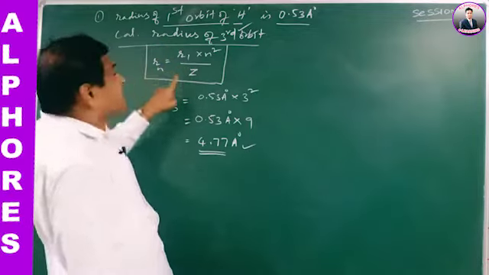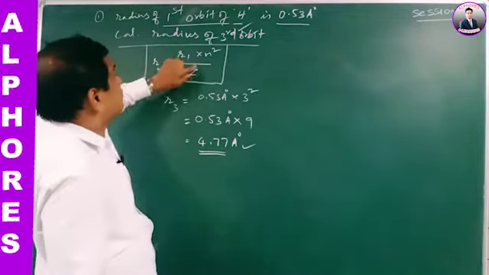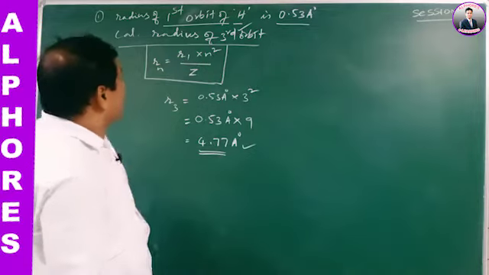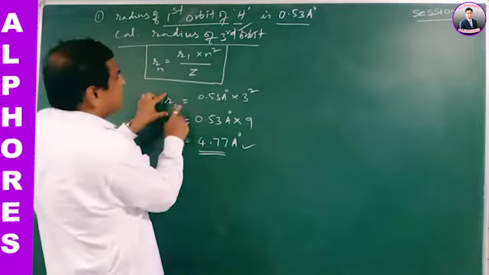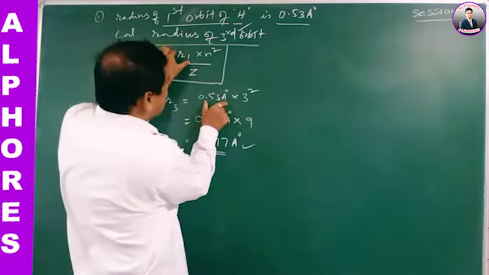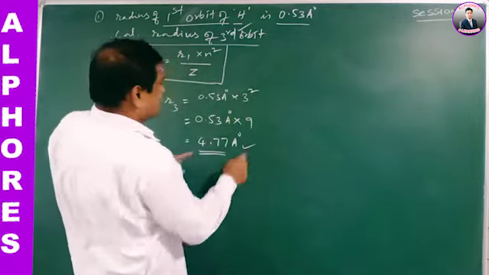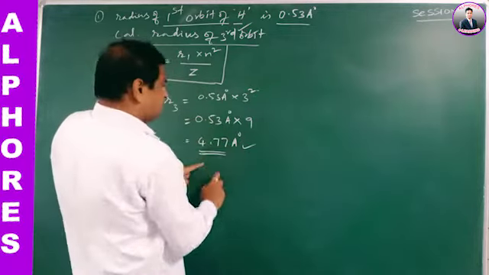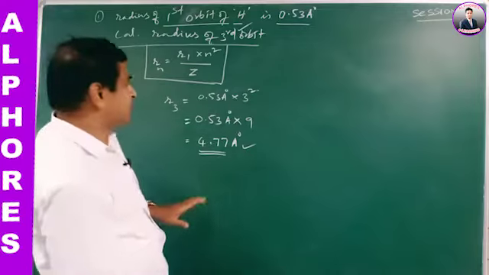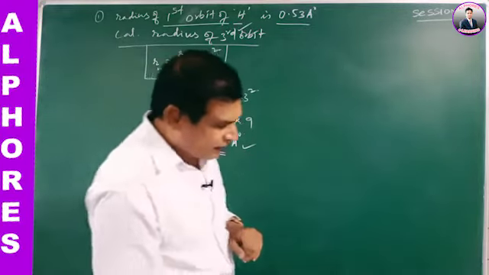This is applicable to species containing one electron. For hydrogen, Z is equal to 1 only. So the radius of the third orbit is equal to the radius of the first orbit into n square, that is 3 square, which is 9. So 0.53 angstroms into 9 comes to 4.77.